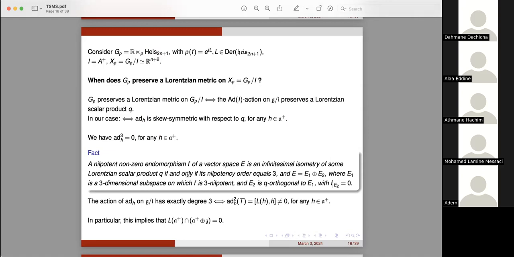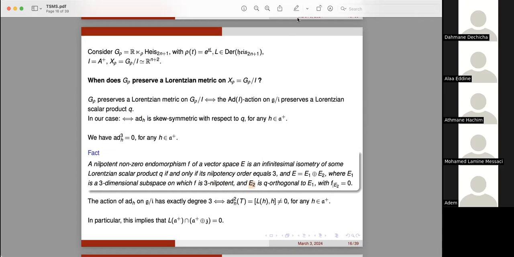This is true if and only if the degree of nilpotency is exactly 3, and in this case, the vector space will decompose into the direct sum of a three-dimensional subspace on which f is 3-nilpotent, and another space which is Q-orthogonal on which the action of f is trivial.